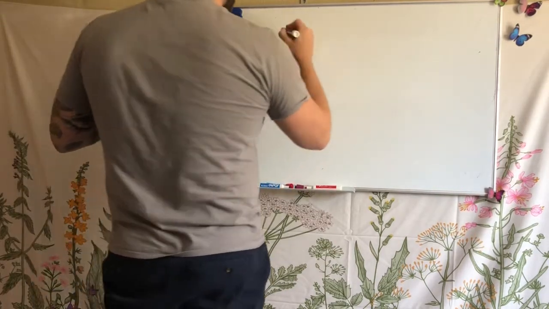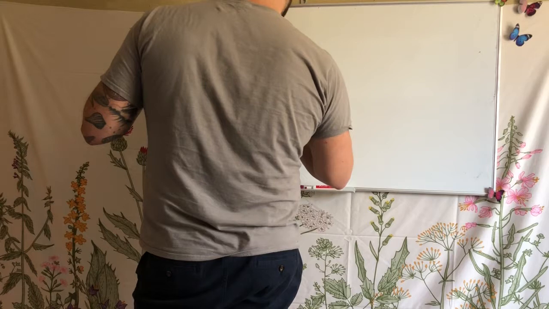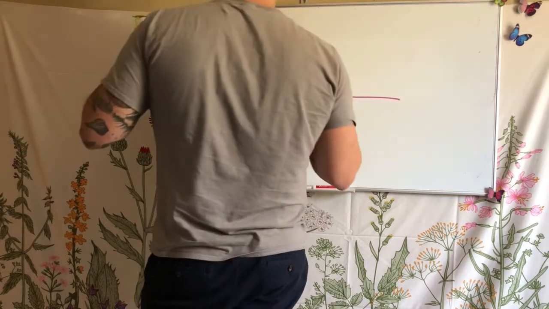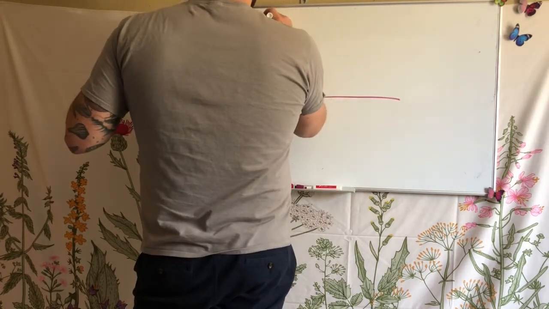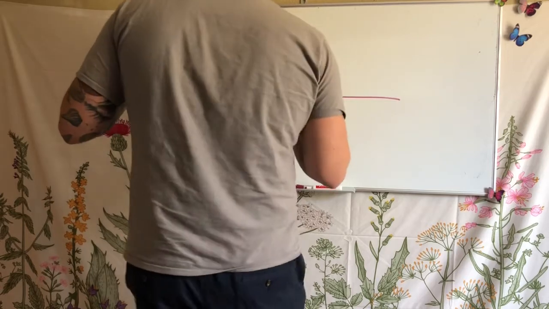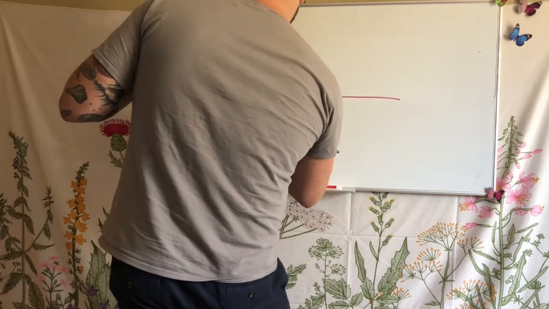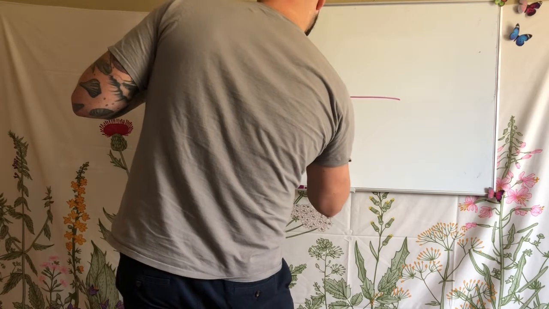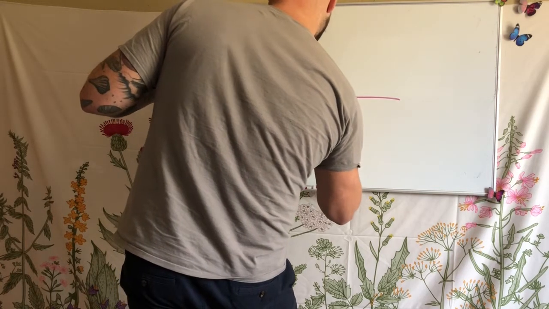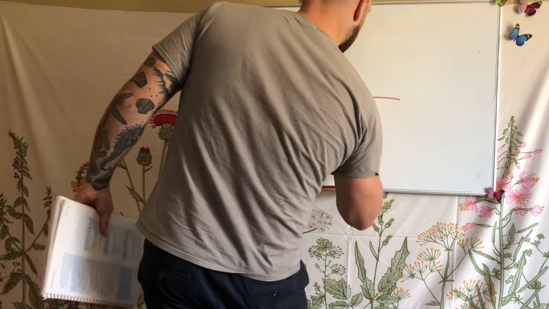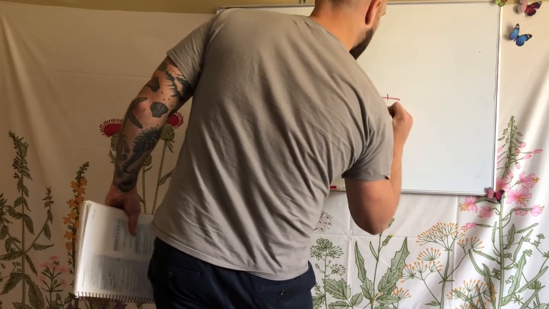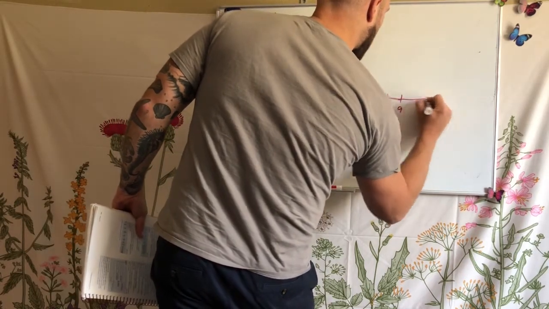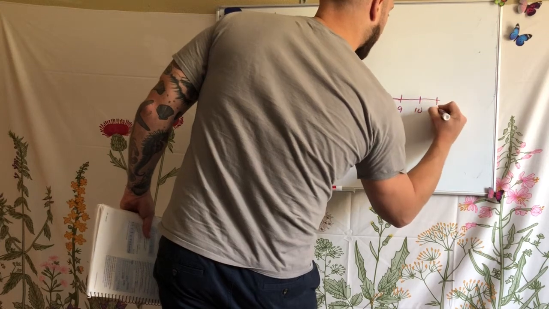Let me draw this out for you pretty quick. This is going to say start. And this is going to be 0, 1, 2, 3, 4, 5, 6, 7, 8, 9, 10, 11.